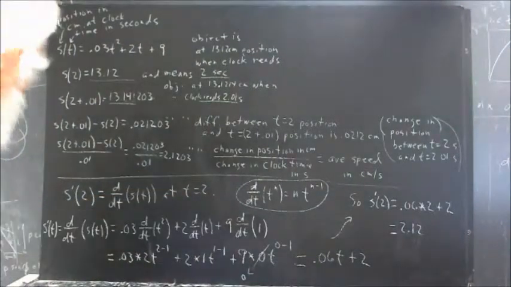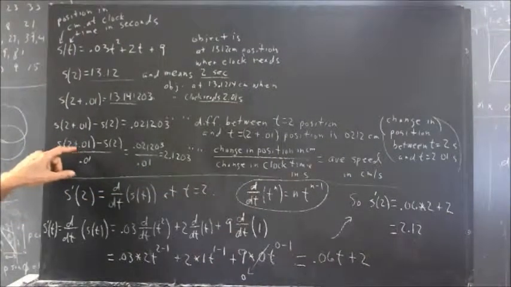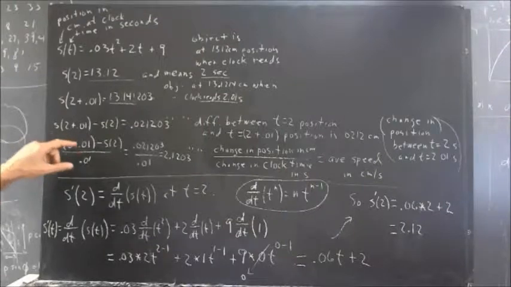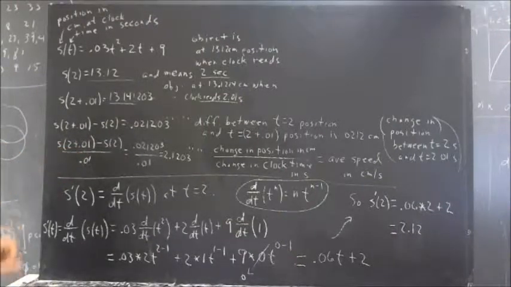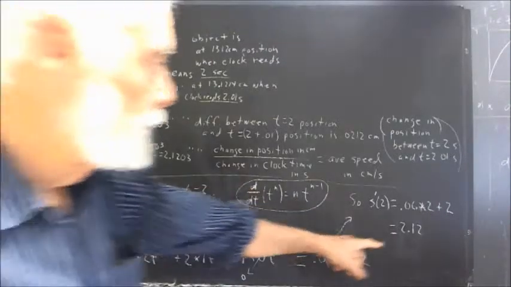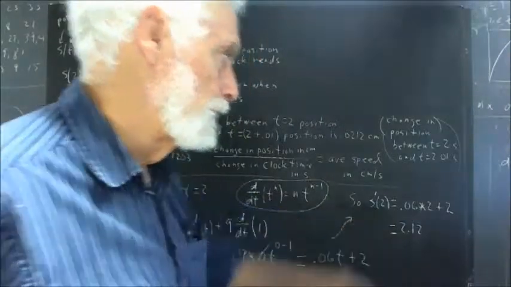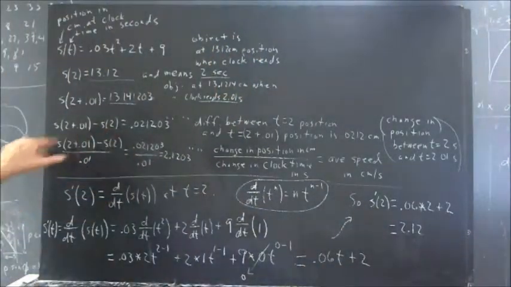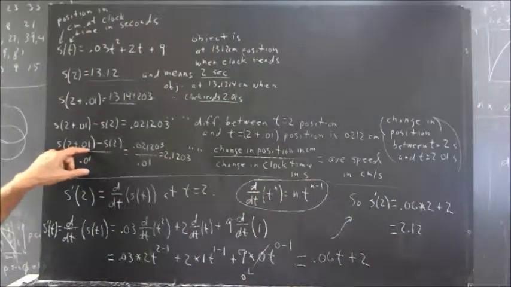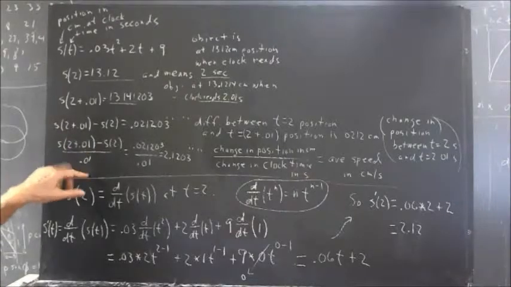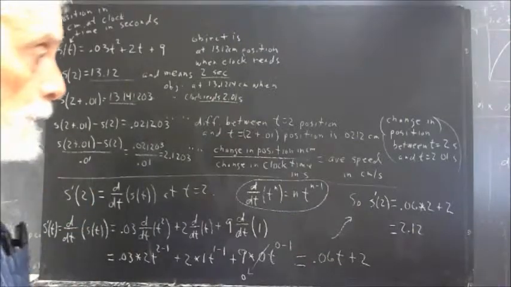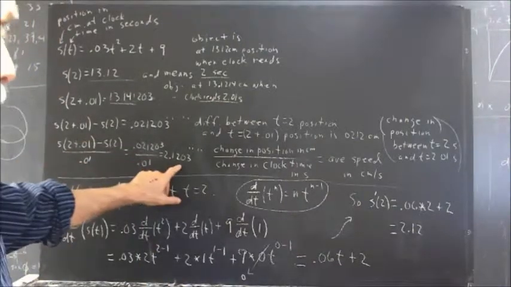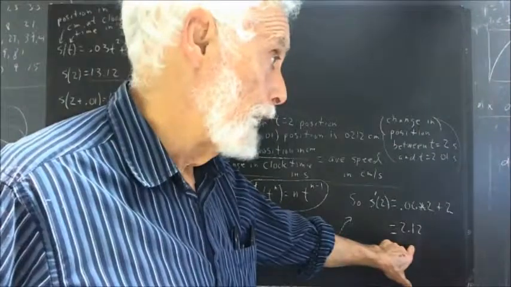And if this 0.01 was replaced by a 0.001 or 0.0001, the result would be a number even closer to 2.12, to the result that we get from the derivative. And the reason is that the limiting value of this process, we keep letting this number here, and of course the denominator, the 0.01, gets smaller and smaller and smaller. Then this number is going to approach this number as a limit.